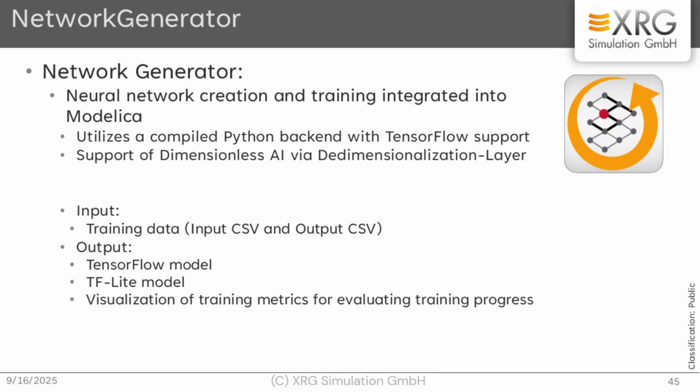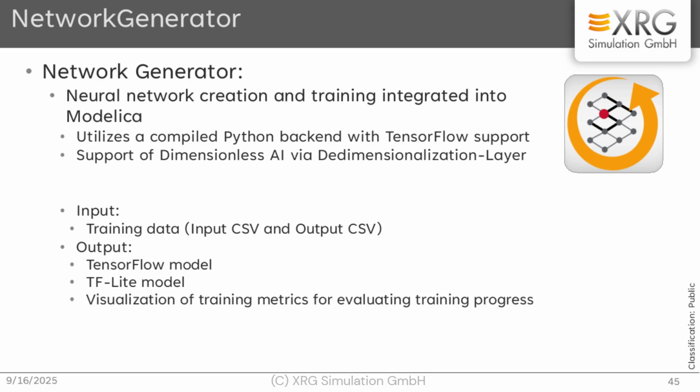I think if you simulate it, there should also be some automatic results in Dymola, where the difference between dimensionless and normal neural networks is visible. Maybe we can also take a look at this at the end of this tutorial if there's some interest.